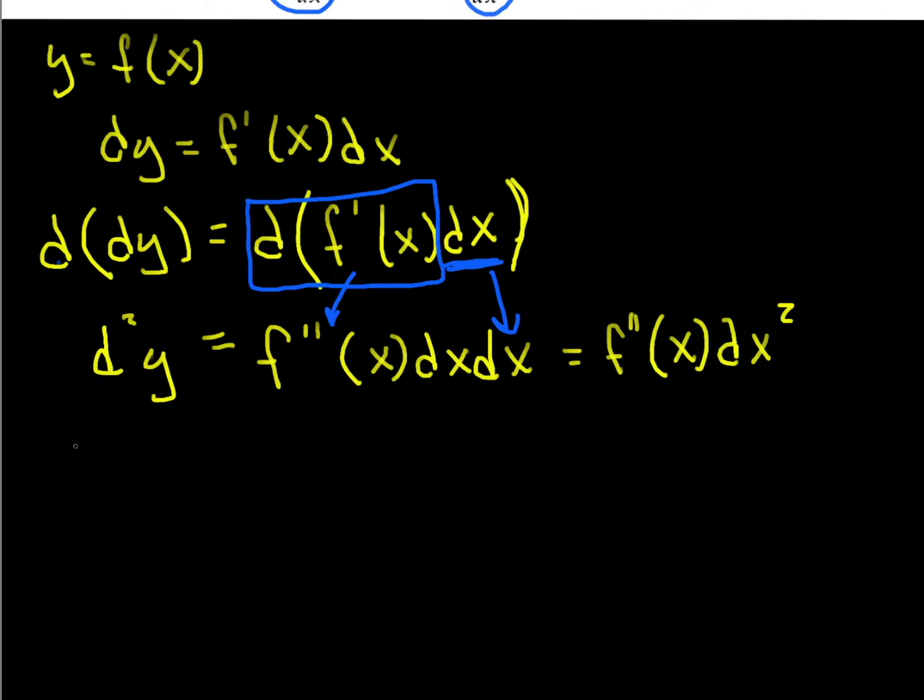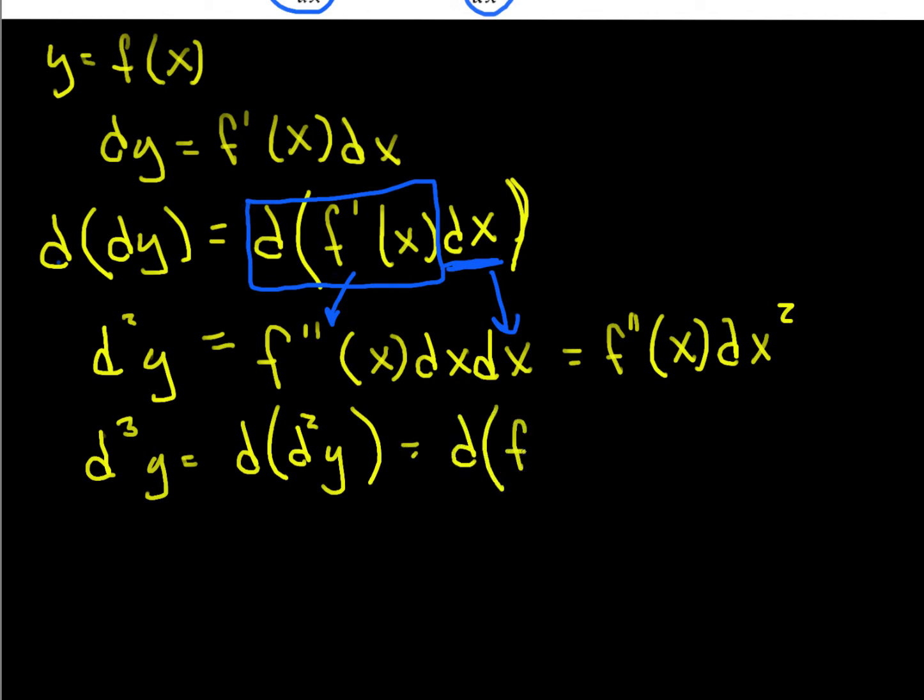Similarly, if we wanted to continue this out, d cubed y is the differential of the second differential of y, which would be the differential of f double prime of x dx squared.